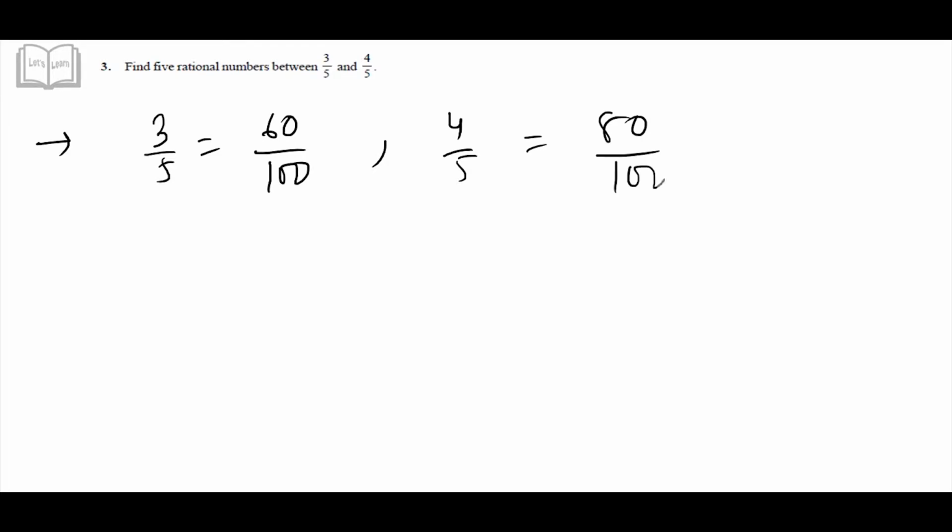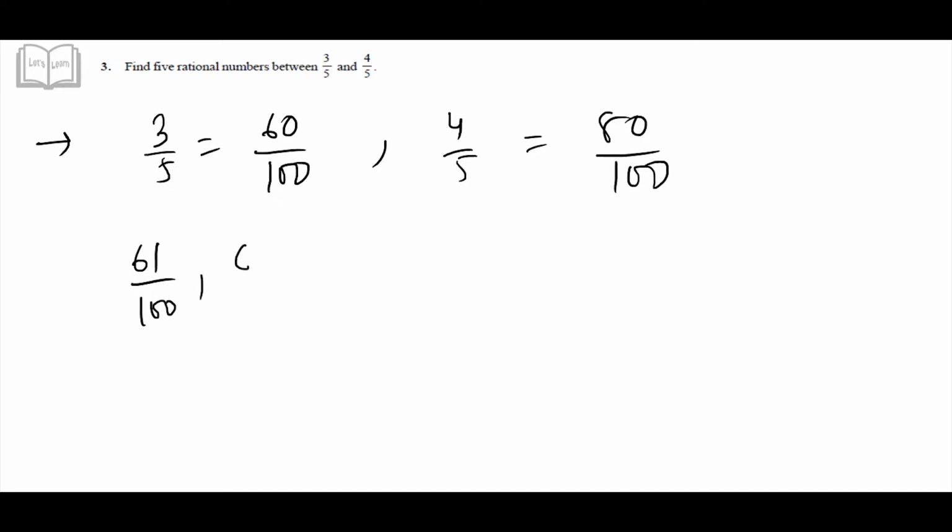Okay, so let's jump into the third problem. In this problem, it is asked to find 5 rational numbers between 3 by 5 and 4 by 5. This is a very interesting problem to understand the concept of fractions. So I have 3 by 5. I can write it as 60 by 100 because I can multiply by 20 on both sides. Similarly 4 by 5, if you multiply by 20, will be 80 by 100.